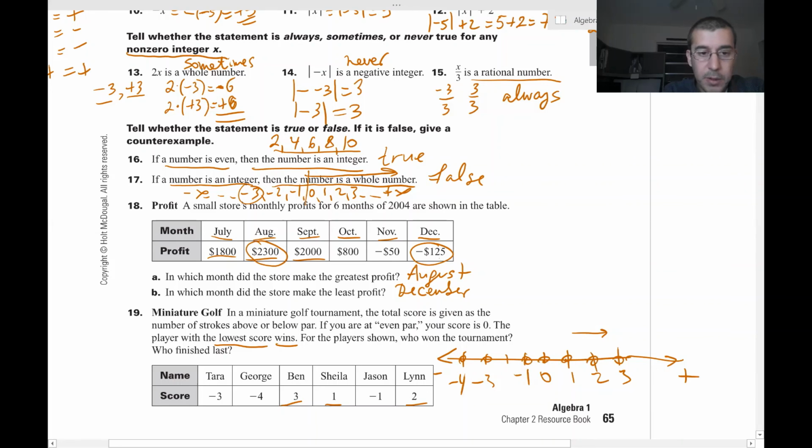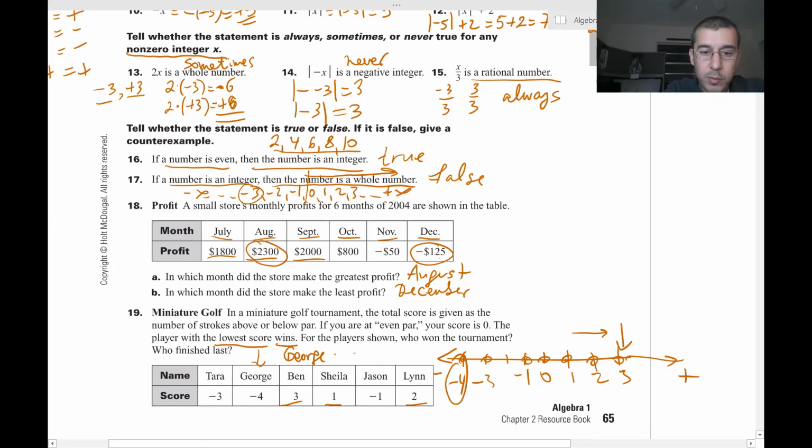So the lowest score wins. The lowest score is this one, -4. That's the lowest score. The highest score is this one, 3. So the lowest score is -4, and that's George. For the players shown, who won the tournament? George. Okay, so George wins because the lowest score wins.